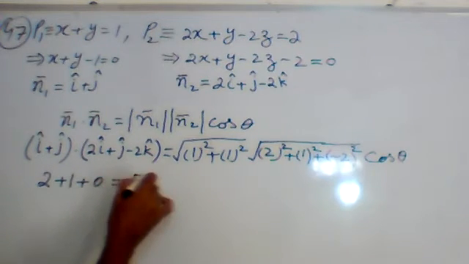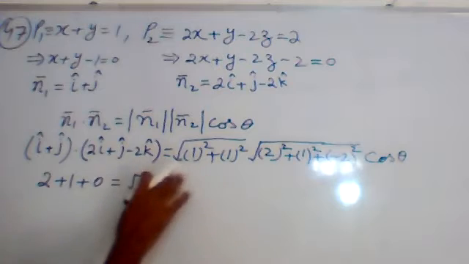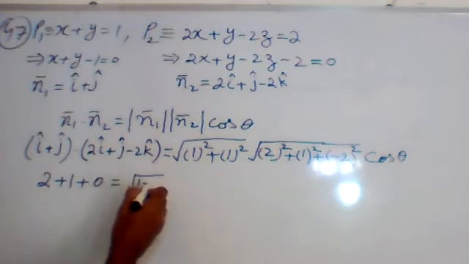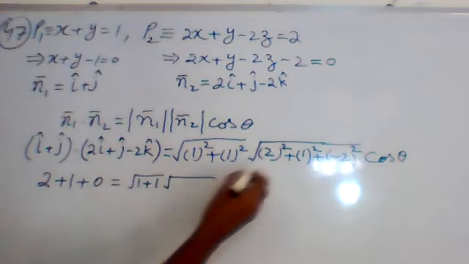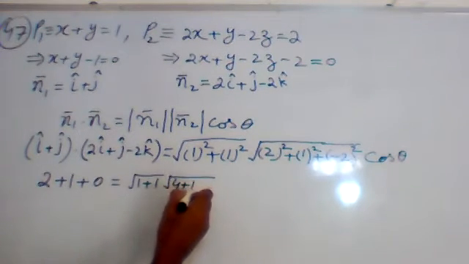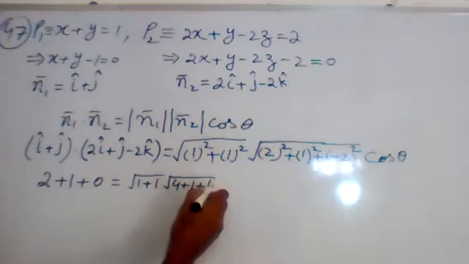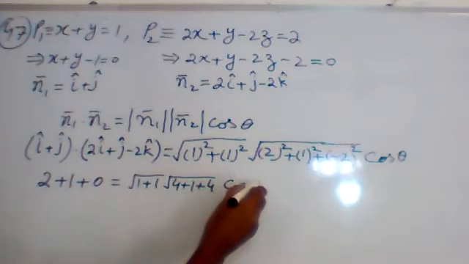Under root, 1 square will be 1 plus 1 square will be 1, into 2 square will be 4, 1 square will be 1, 2 square will be 4, into cos of theta.